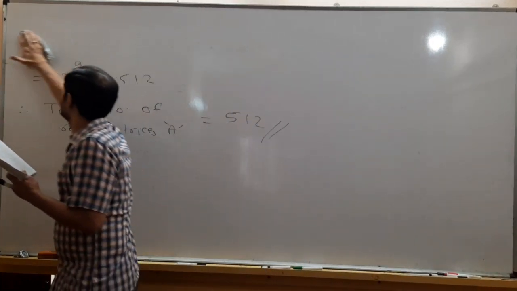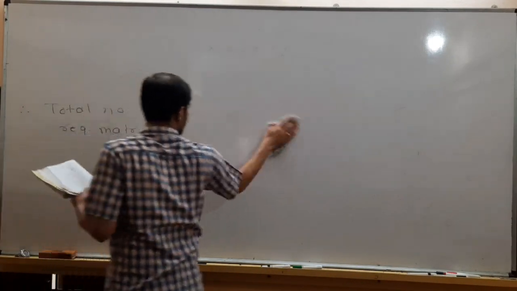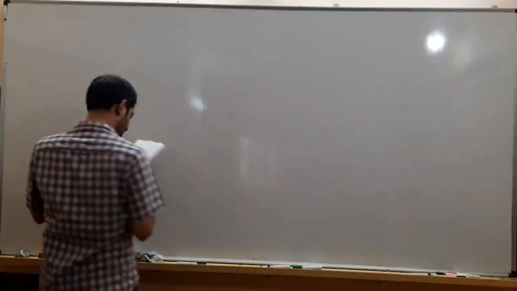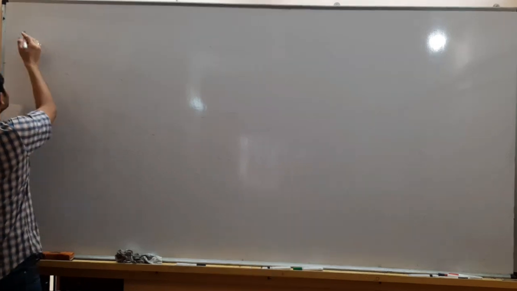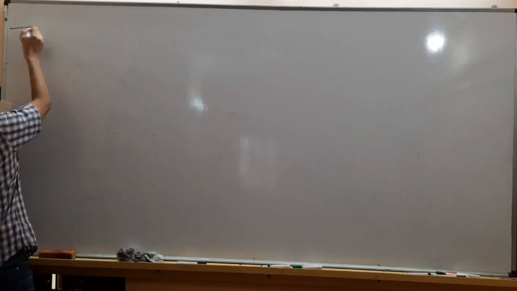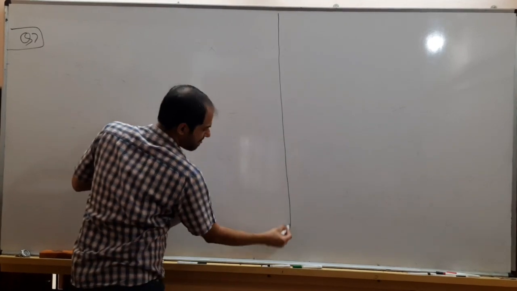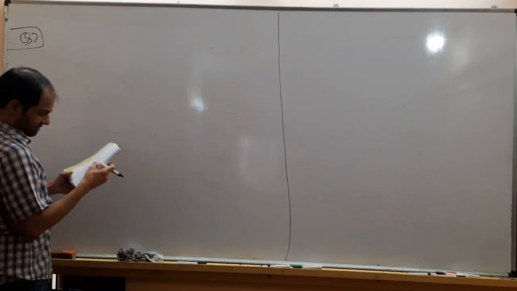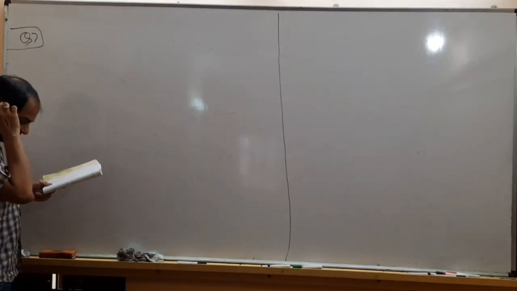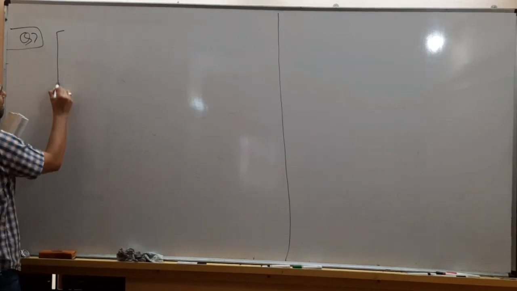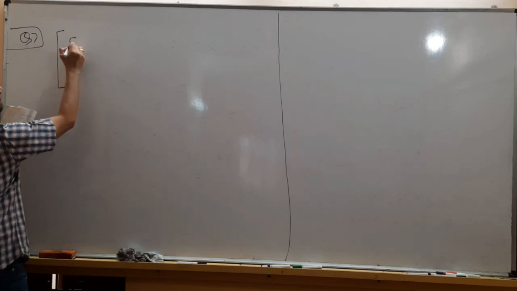Okay, now coming to question number 7. Question number 7 says, find the value of A, B, C and D from the equation. To be precise, two matrices are given as equal.